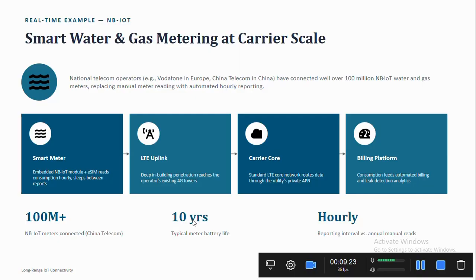So in smart meters we have 100 plus connectivities, and with LTE we have 10 plus years of uplink, with carrier coverage and billing, all of which come under security systems, and those security systems are a distributed method of security with very important ideas to be discussed.